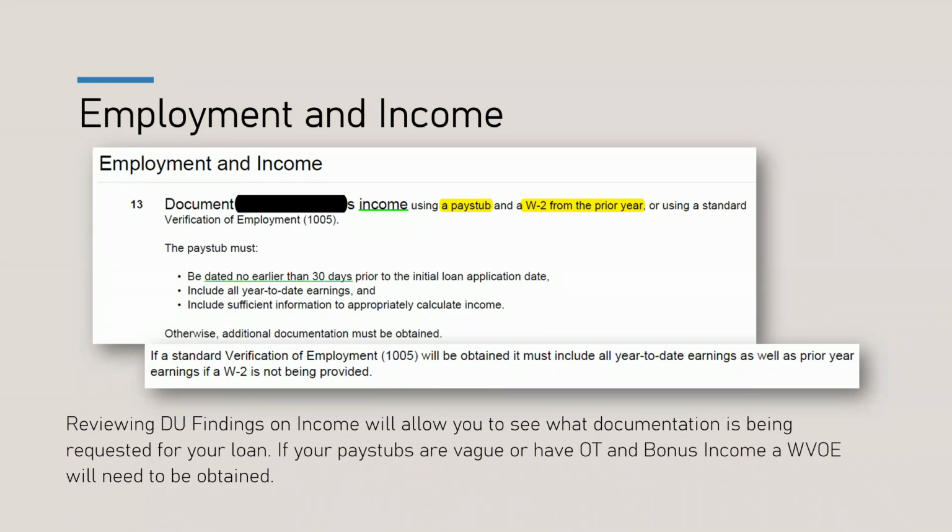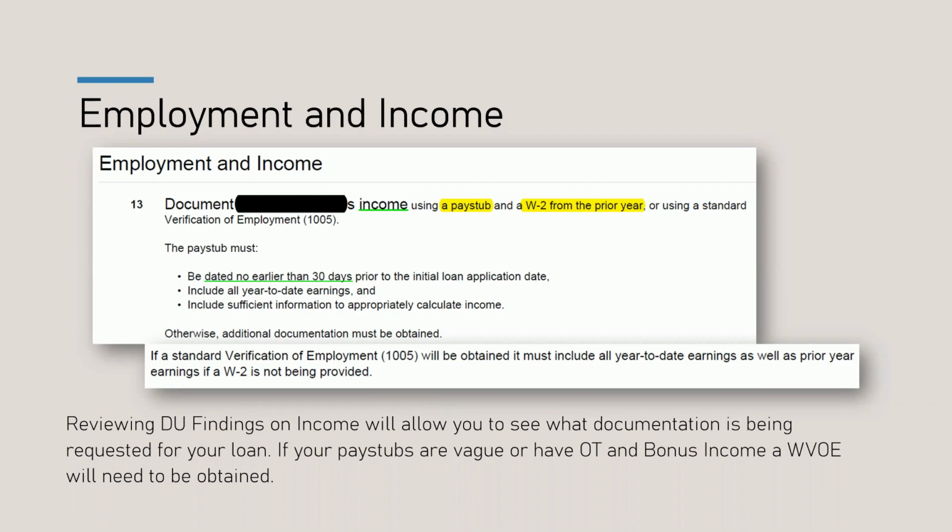You want to make sure that you're looking at that, because when the file goes into underwriting, we're basing it on DU findings, of course. So the biggest ones are overtime, bonus, and commission. So you want to make sure you have the correct income calculated.